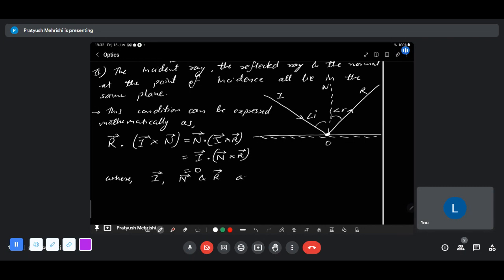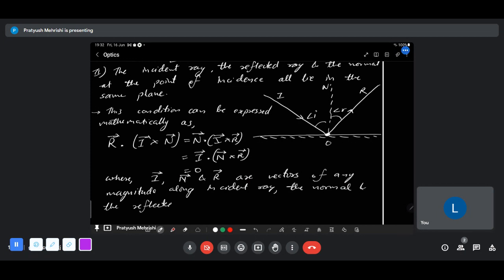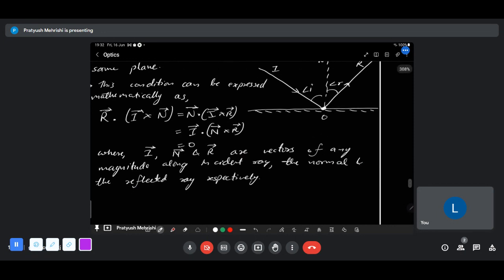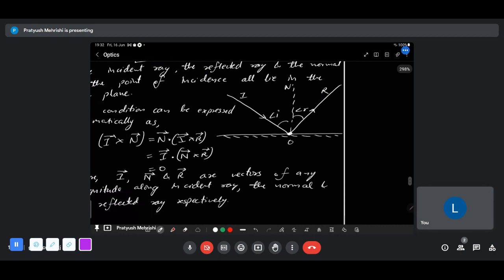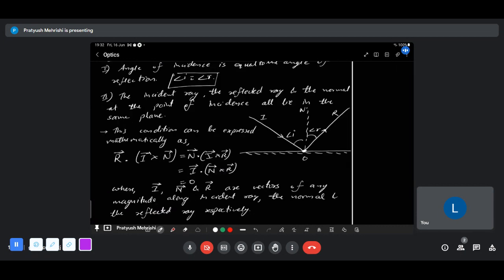These are vectors. i, n and r are vectors of any magnitude along incident ray, the normal, and the reflected ray respectively. Take it down. Yes, taken down.